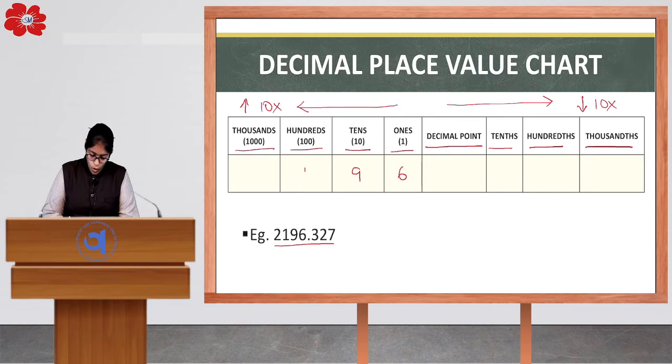Then 1. And at the thousands place, it will be 2. Now we will place the decimal point and write the decimal part. As you can see, 3 is at the tenths position, then 2 at the hundredths position, and 7 at the thousandths position. So this is how you can represent any decimal number in the place value chart.